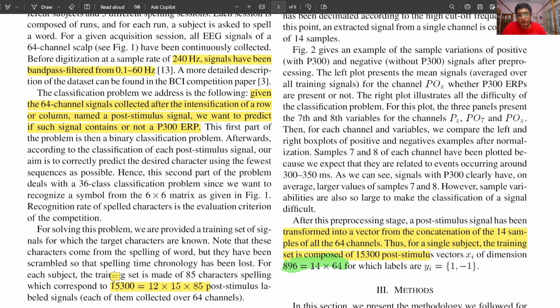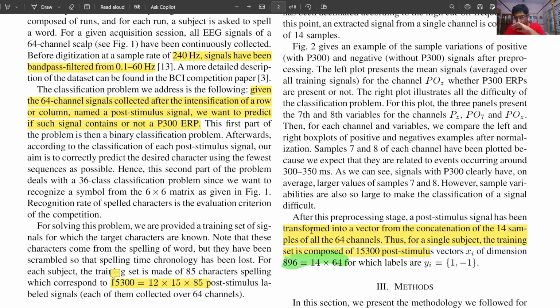And thus 14 times 64 channels of the brain, the column size of the dataset is 896, while the row size of the training data is 15300. For the testing, it's 18,000.